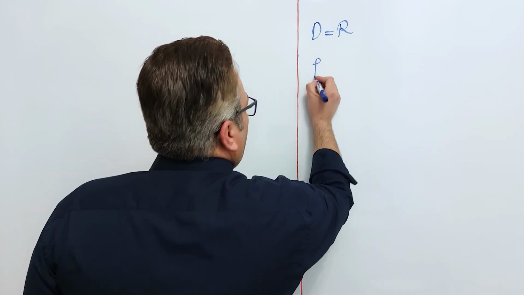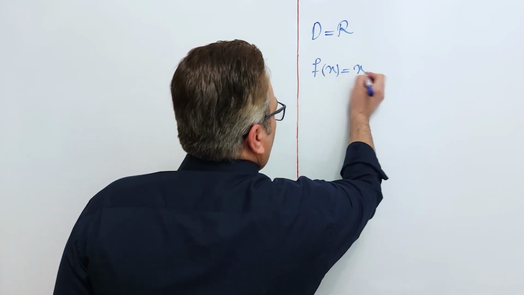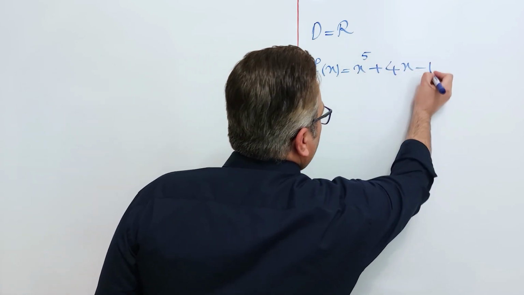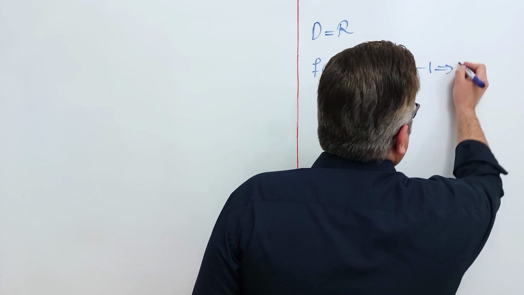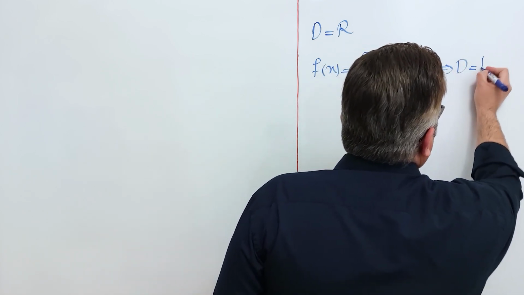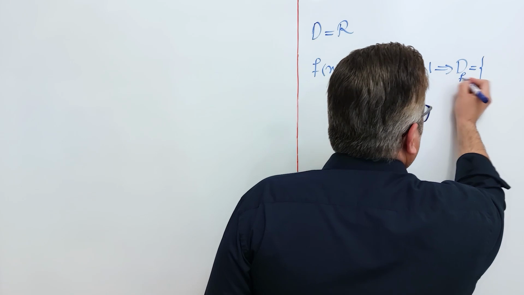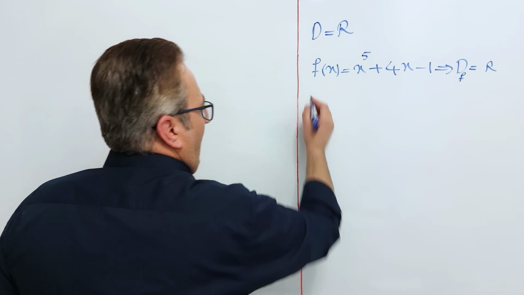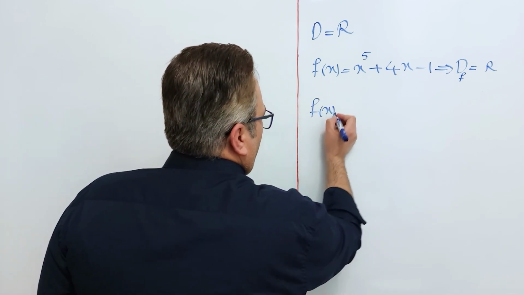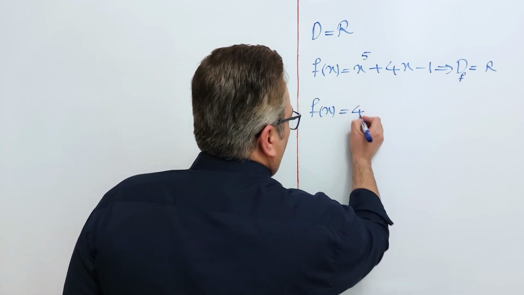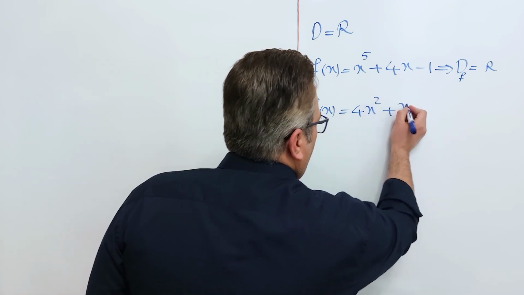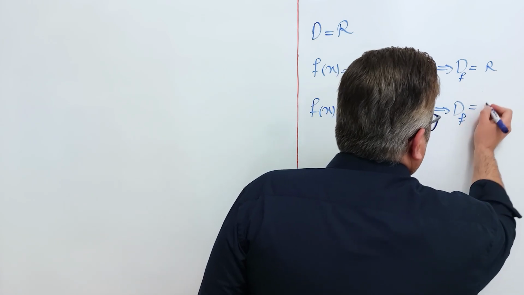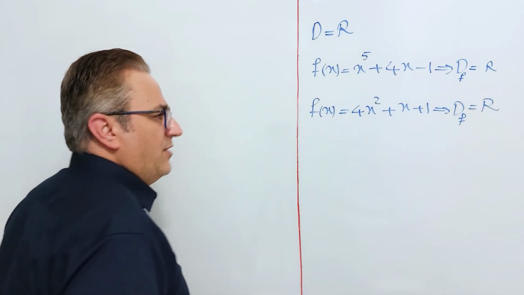For example, if f of x is equal to x to the power of 5 plus 4x minus 1, the domain of f is equal to R. And if f of x is equal to 4x squared plus x plus 1, the domain of f is equal to all real numbers.